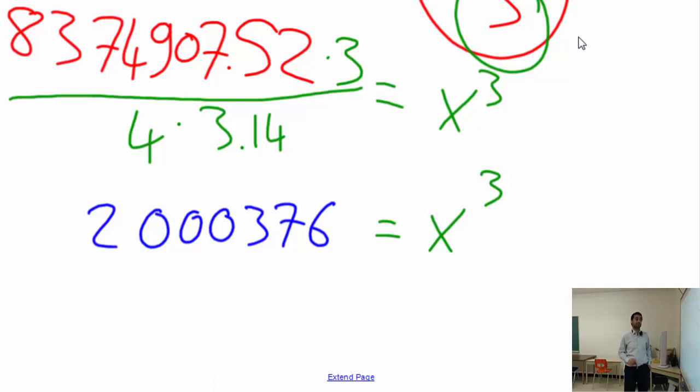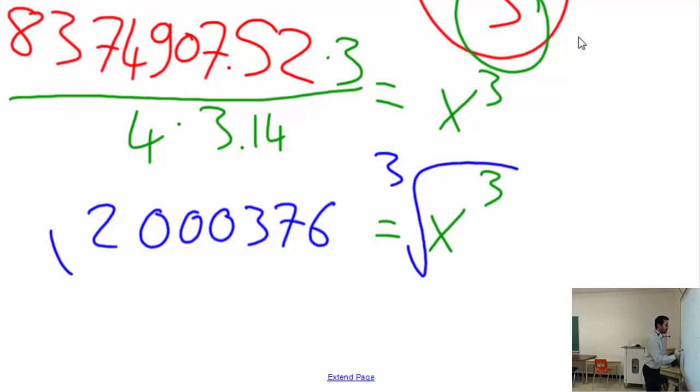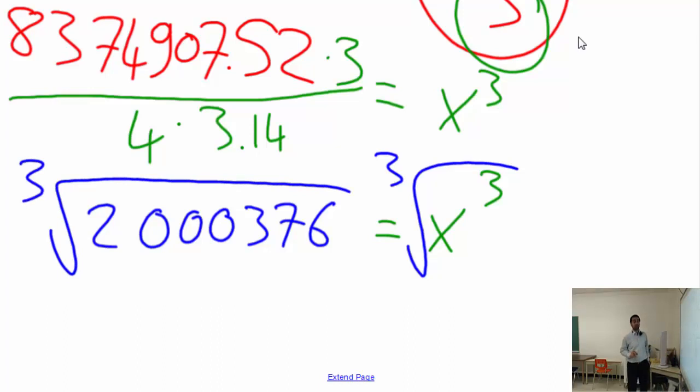Now remember, this is an x cubed. I need to take the cube root for both sides, not the square root. When you take the cube root, x will be alone. These will be canceling out each other. So I need the cube root of that ugly number.